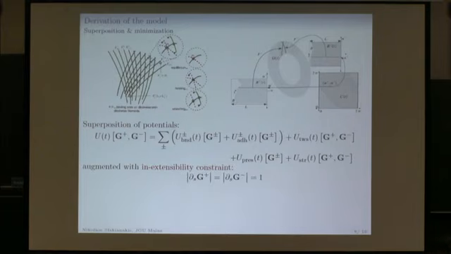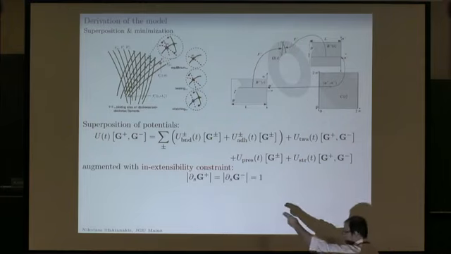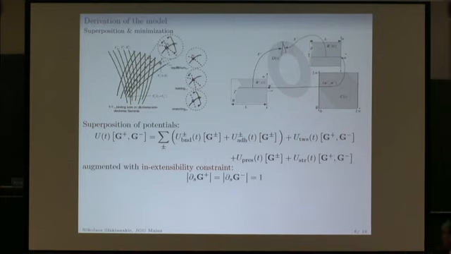And you complement this system with the additional information that two monomers cannot be taken apart if they are parts of the same chain. So within the biopolymer, you cannot take them apart. Inextensibility. And we include this information by the arc length restriction over here.